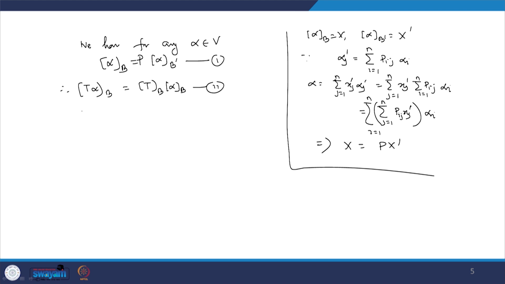Then the coordinate matrix of T alpha with respect to B prime will again be the matrix of T with respect to B prime times the coordinate matrix of alpha with respect to B prime.